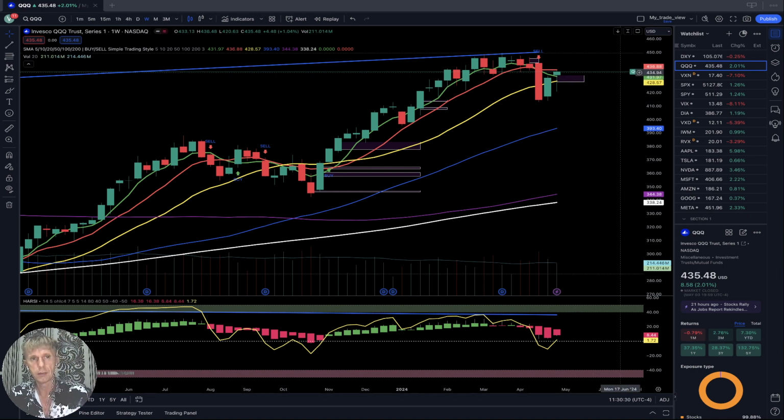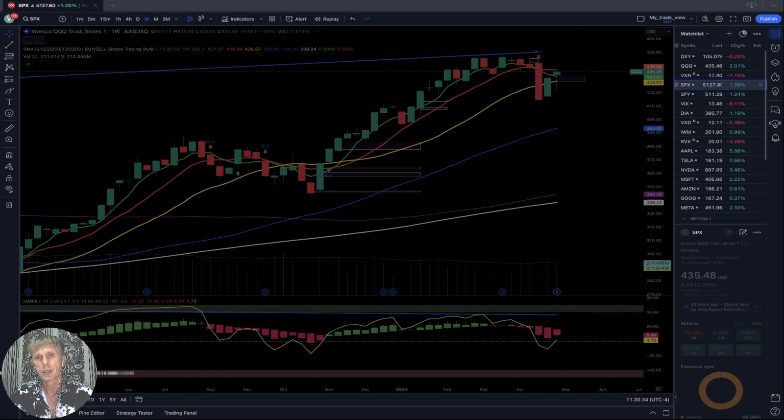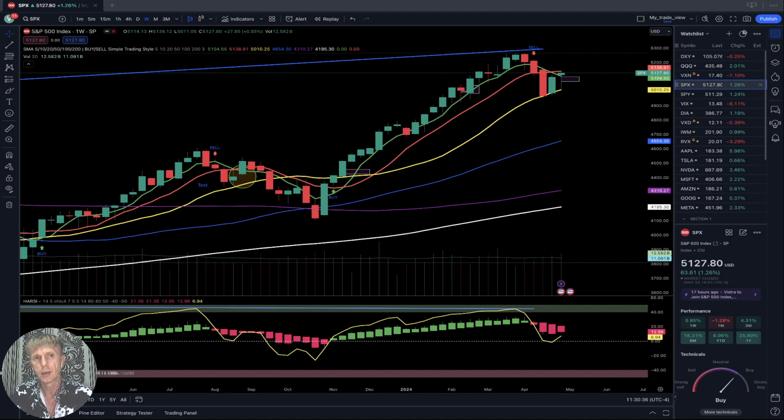That's why all indexes and equities on weekly time frame are still not in the final stage. It still has a bearish signal, but bullish territory.